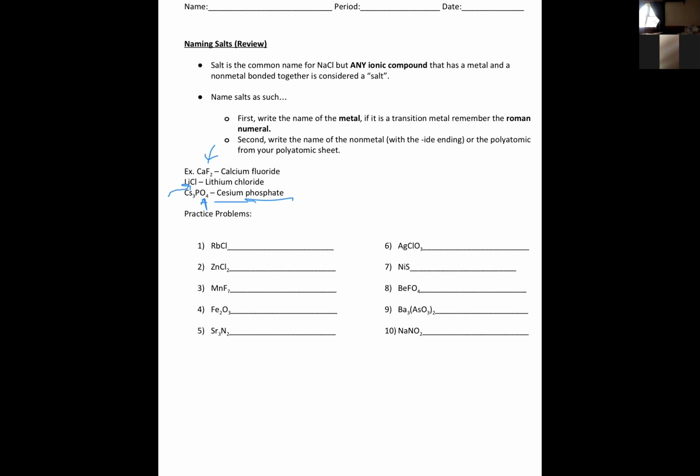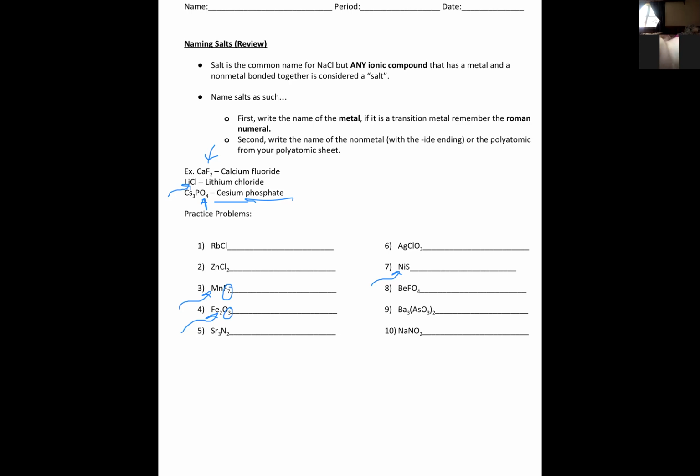Again, if you're looking down here at your sample problems, there are a couple of transition metals that I threw in there for you. So you're going to have to look at these numbers over here to tell me what ion that transition metal was.